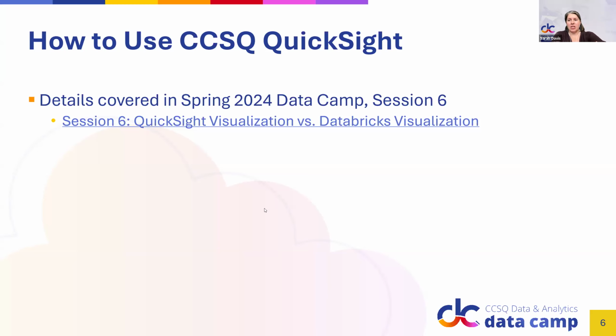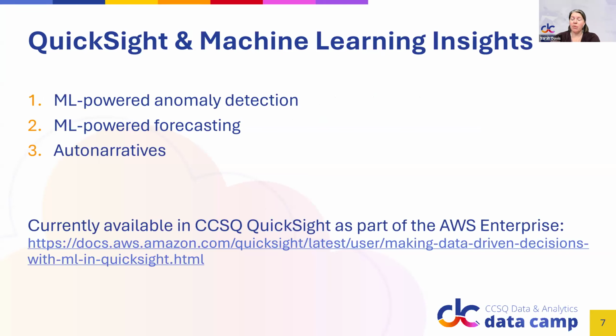But this presentation is going to focus on something that we haven't talked about before, and that is machine learning insights. AWS calls this ML insights. And this is available right now today to everybody within the enterprise instance of CCSQ QuickSight. I've added a link in the slides here that will give you the very quick high-level tutorials and will also guide you to all the user guides that Amazon provides.